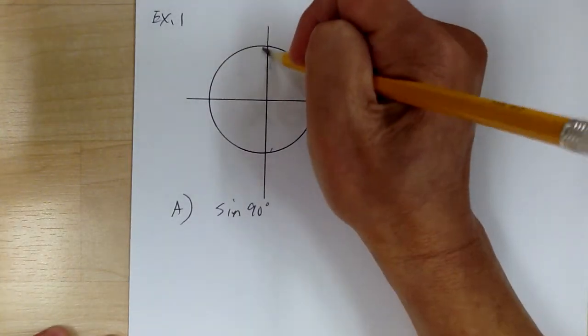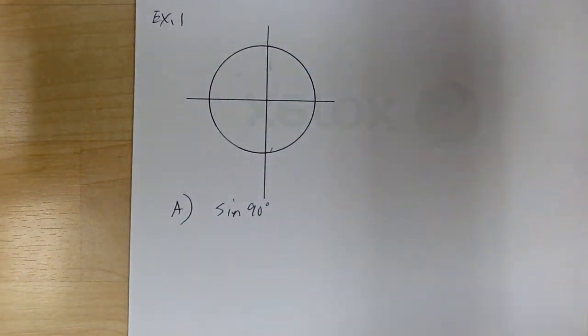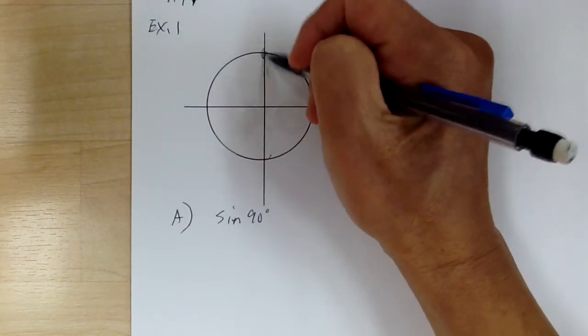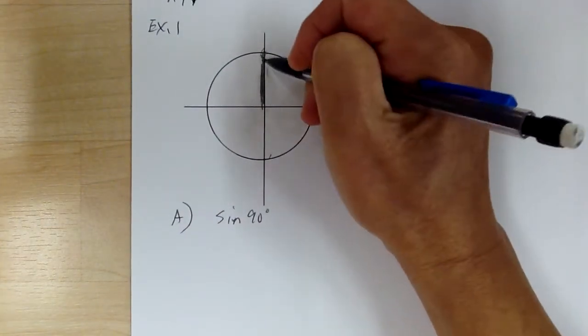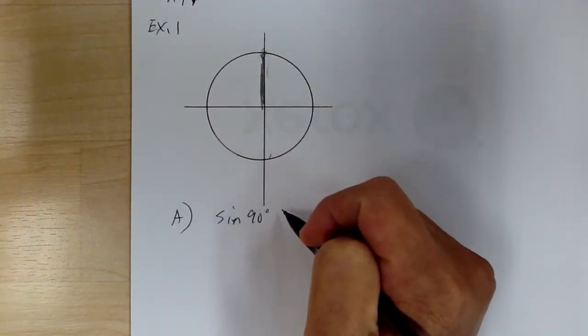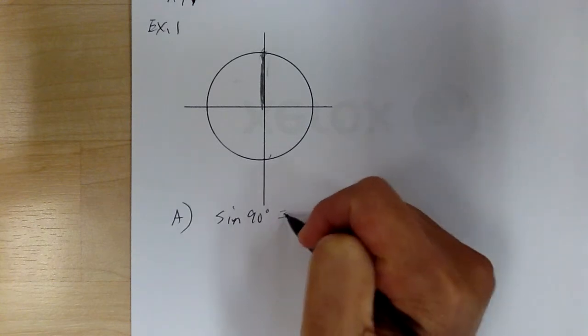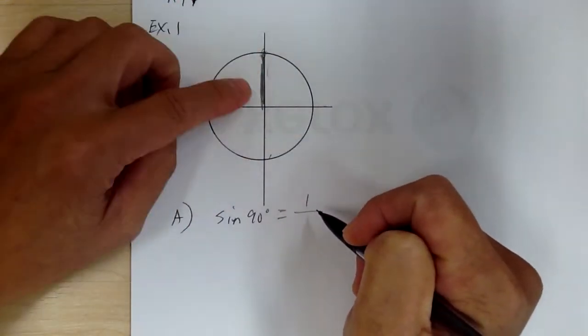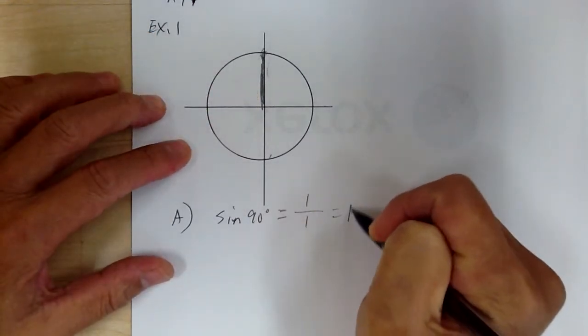So 90 is right over here. Now remember, this is a unit circle, so the radius is 1. In this case, the height is 1, and the radius is also 1. So this will equal 1.